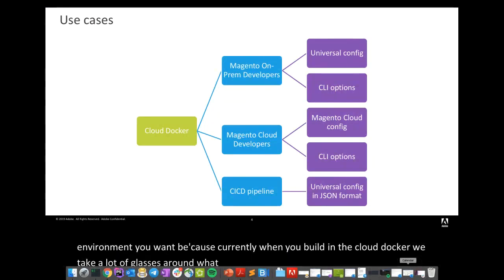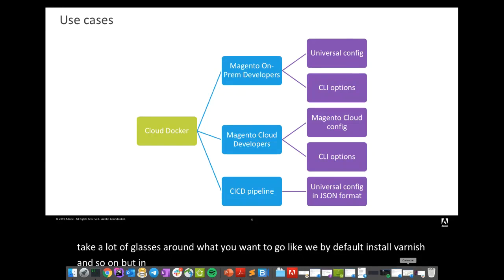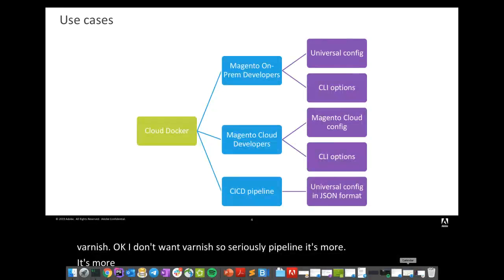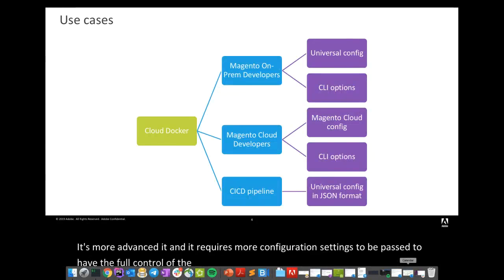Like, we by default install Varnish and so on, but in a CI/CD pipeline you should explicitly say, okay, I want Varnish, or okay, I don't want Varnish. So the CI/CD pipeline is more advanced, and it requires more configuration settings to be passed to have full control of the desired environment.